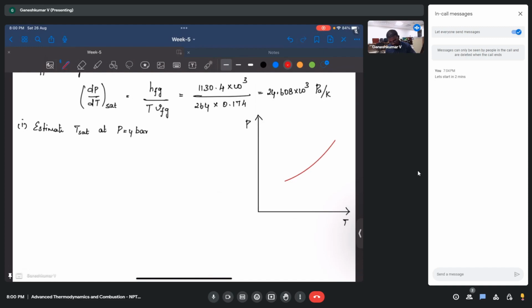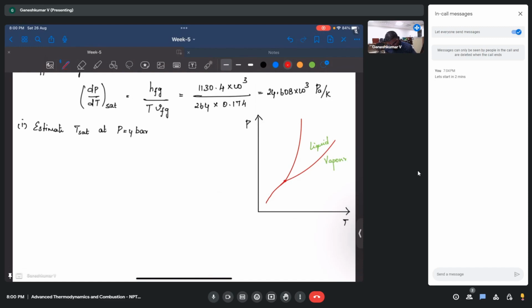It's a liquid-vapor, right? So it's liquid, this is vapor, and this is the triple point or something. Okay, this is how a PT graph looks.